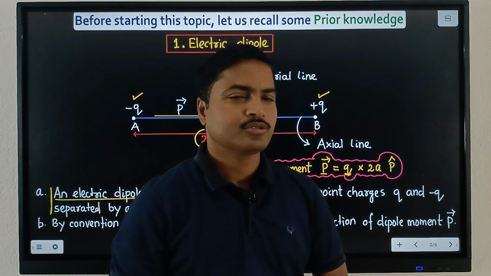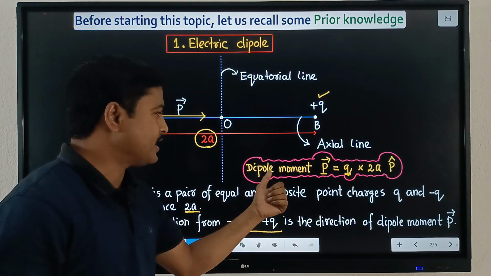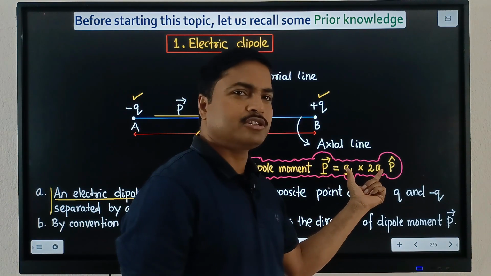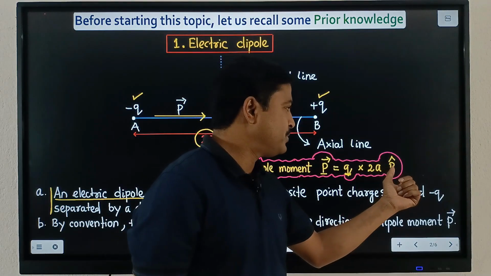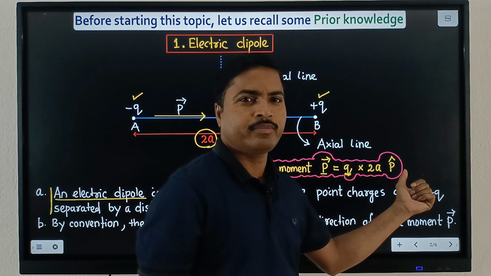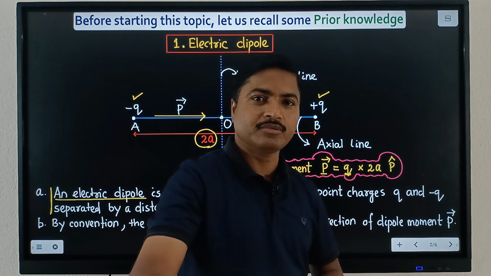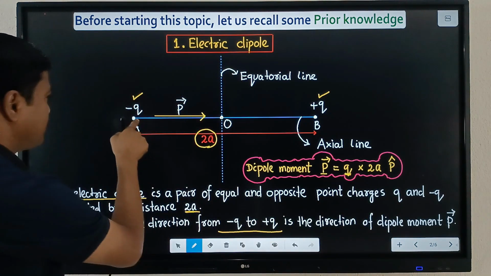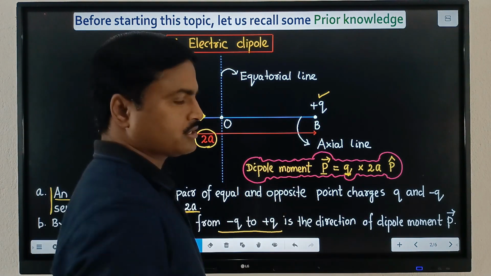So finally we write the dipole moment, p vector, is equal to q multiplied by twice a, p cap. This is the magnitude, and p cap is the direction of the electric dipole moment, that is from minus q to plus q.